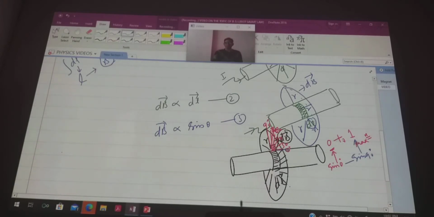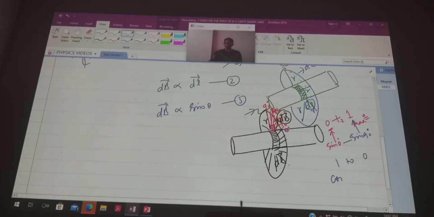If the values ranged from 1 to 0, cos theta would be there: cos 0 degree is 1 and cos 90 degree is 0. So we cannot put cos theta here. Sine theta gives values from 0 to a maximum of 1.